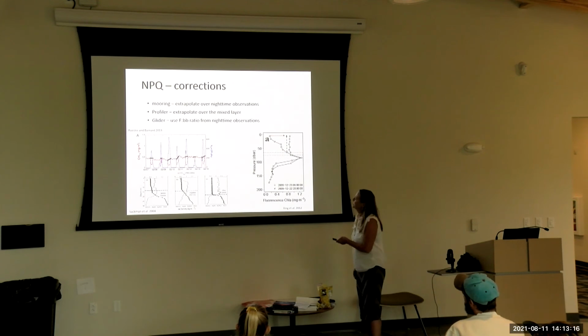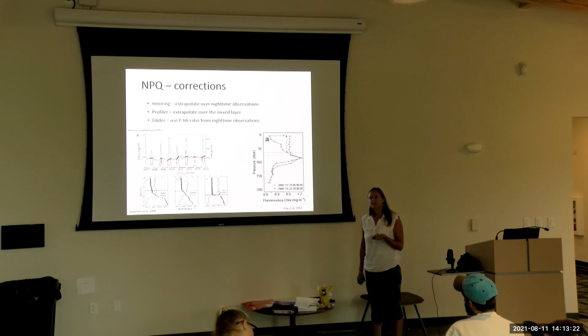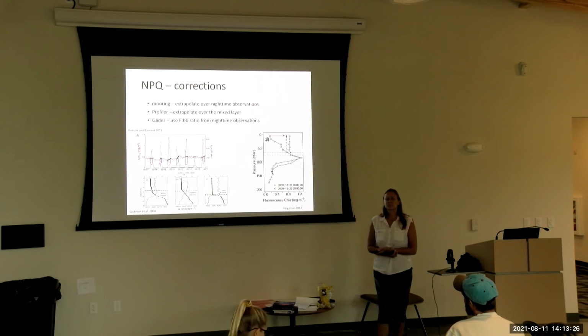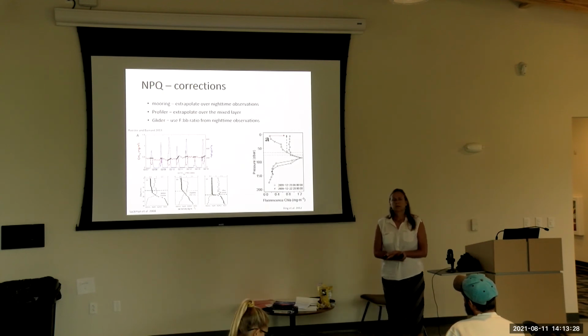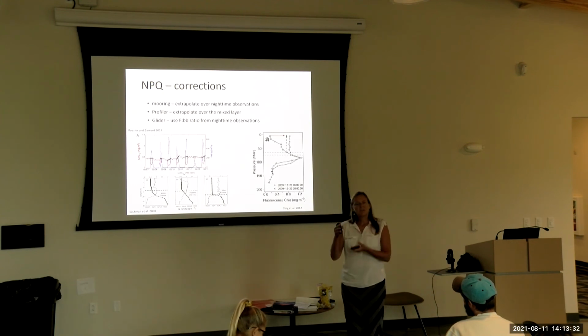Another thing that people do, and this is from the glider data, is they look at the fluorescence to backscattering ratio. And what is fluorescence to backscattering ratio? What is that telling you, if you're thinking in terms of proxies? Yeah, so it's basically what fraction of the total particles are phytoplankton.